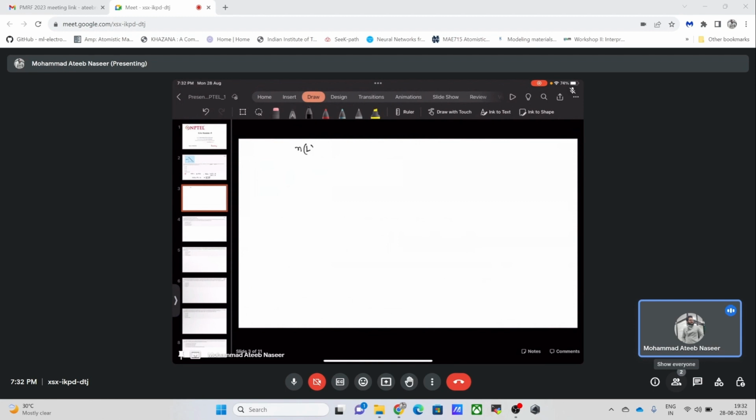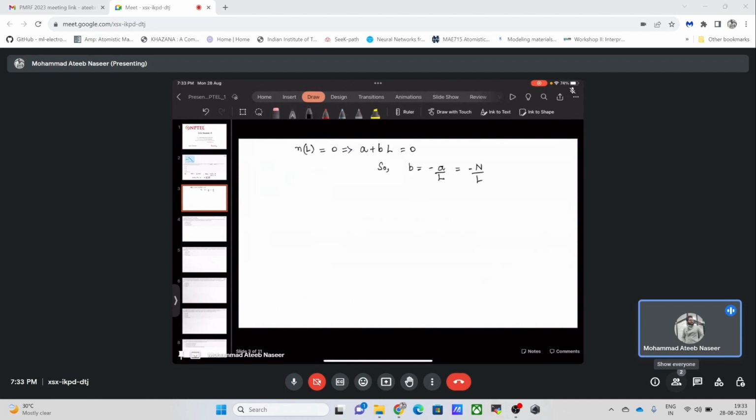It implies a plus b times L is equal to 0. So simply b is minus a by L, but a is equal to n, so b is minus n by L.